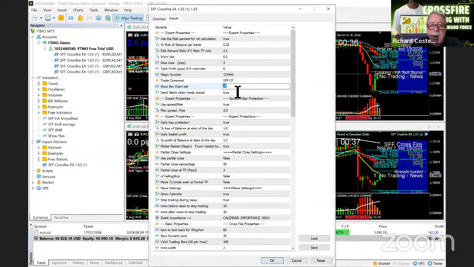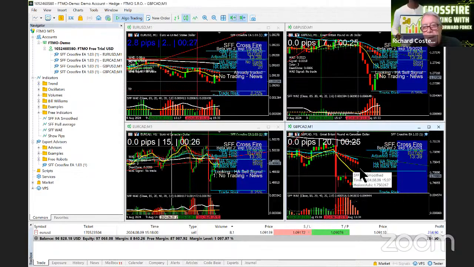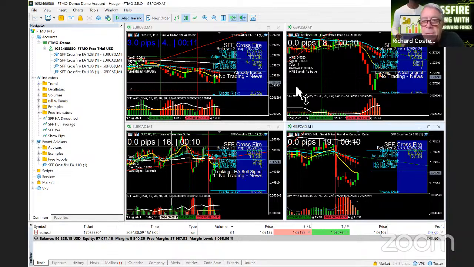So if I double click on that and change it to 50, and then click, when I come out, it'll move whatever pair out. There we go. It moved it there. I must have been on GBP CAD, so it's now moved it, so I can see that. You just need to move me out of the way. So you can do that on all the pairs until you're satisfied with it.